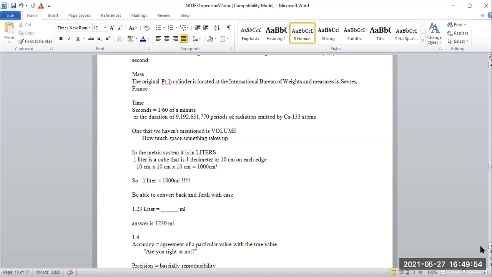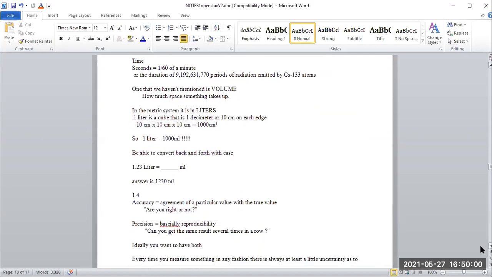Now you should be able to convert back and forth because this, again, being metric, is a decimal move. If you have 1.23 liters and you convert that into milliliters, you're moving your decimal 3 spaces to the right, and that will give you 1,230 milliliters.